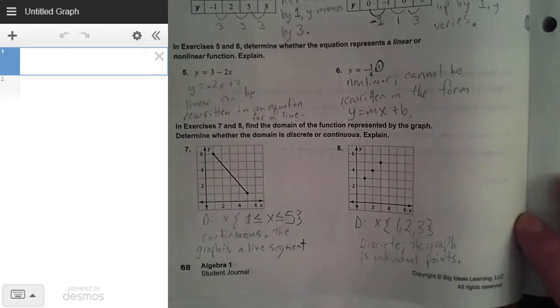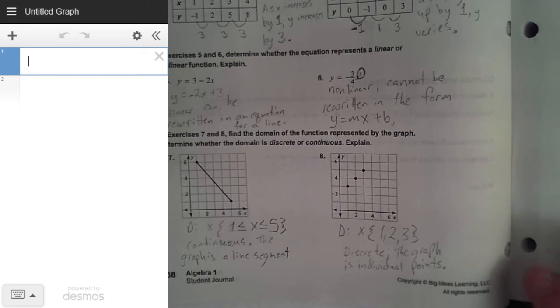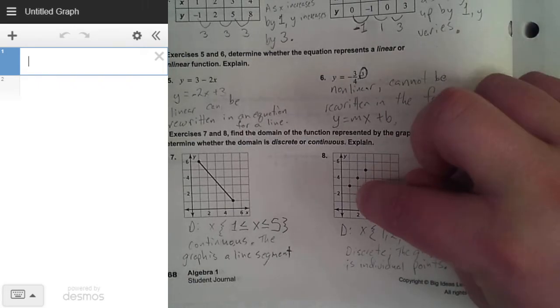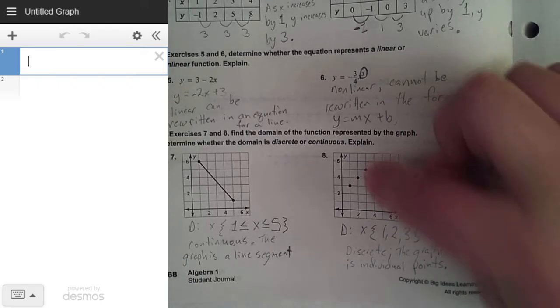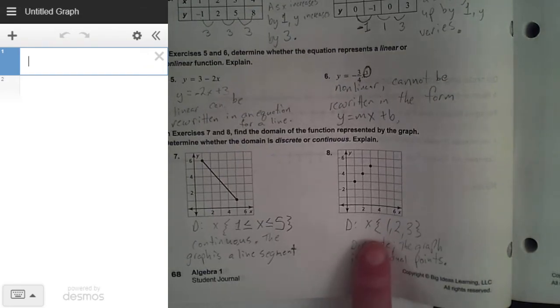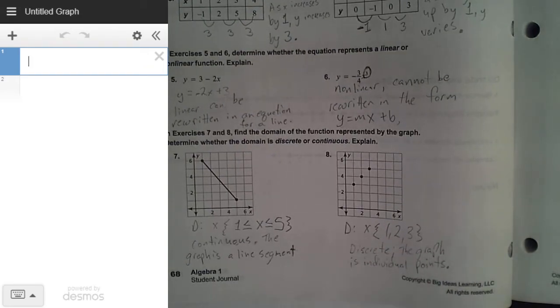Next, we look at number 8. We have individual points here where x values are 1, 2, and 3. So we can write that as x is the values 1, 2, and 3. This is discrete, and that's because the graph is individual points.